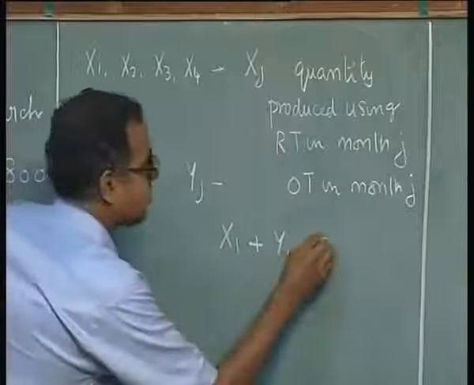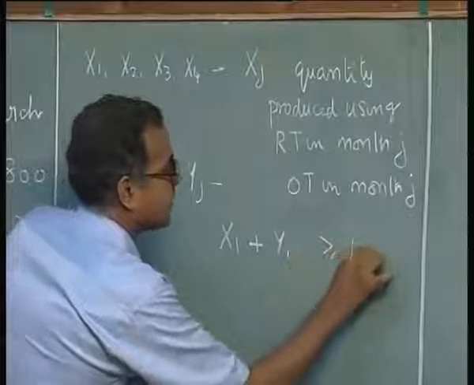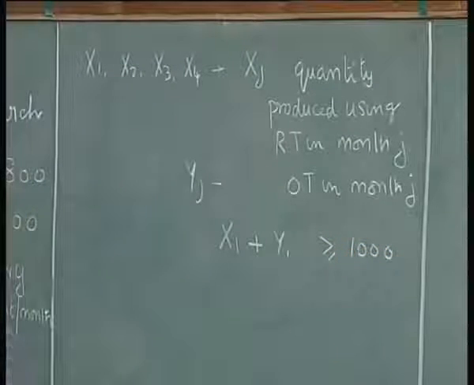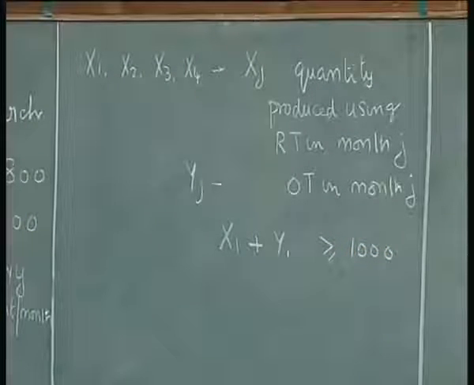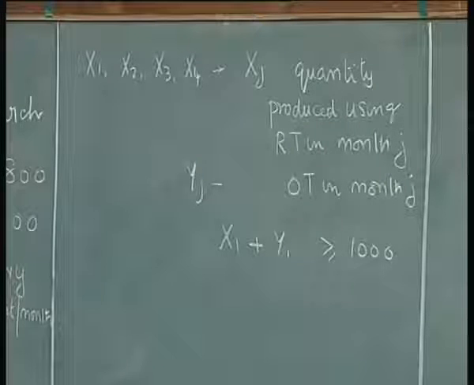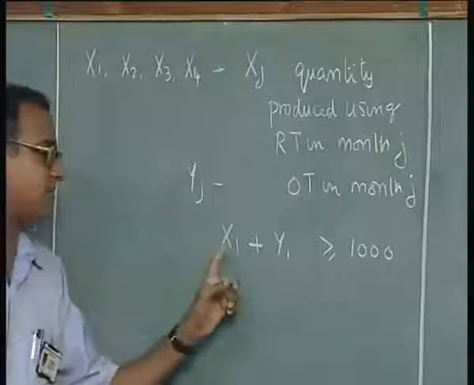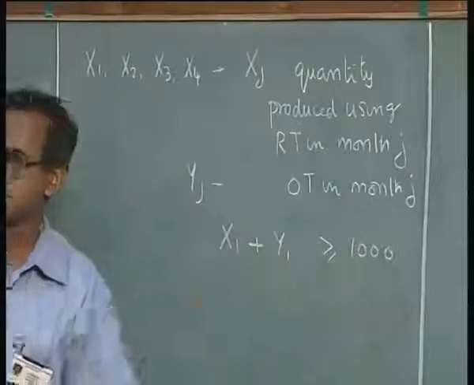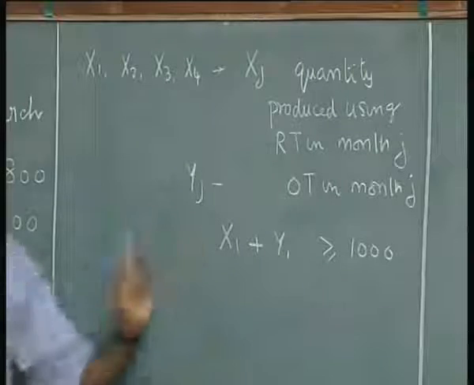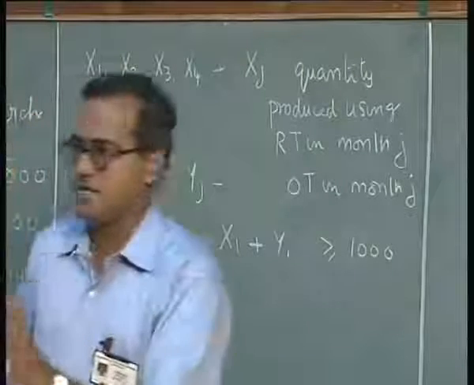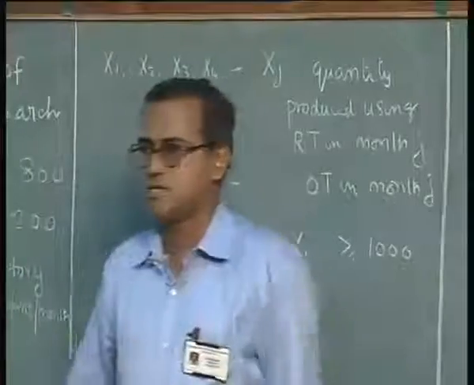So, we write x1 plus y1 is greater than or equal to 1000. We need to produce at least the first month's demand of 1000. In fact, we can do another thing. We can state x1 plus y1 is greater than or equal to 1000, which implies that x1 plus y1 is exactly 1000 or more than 1000.